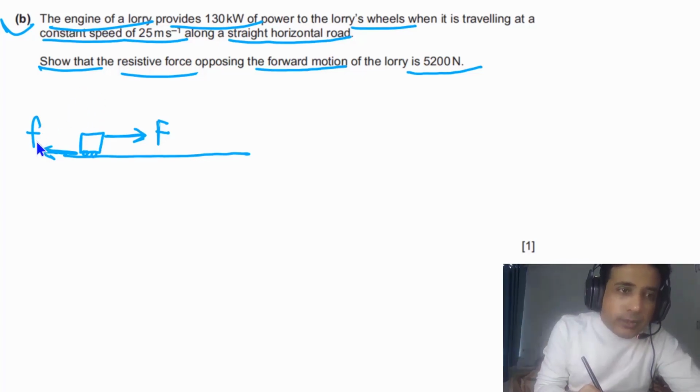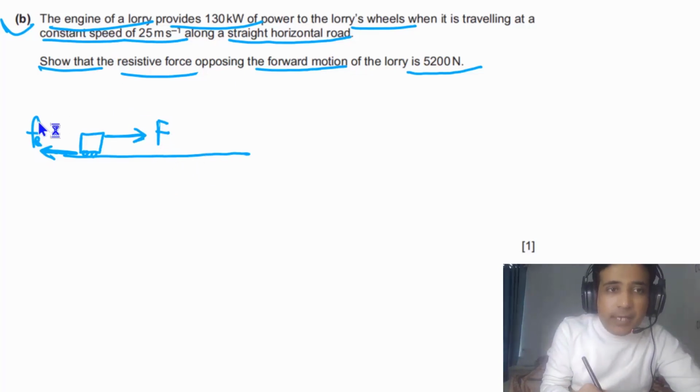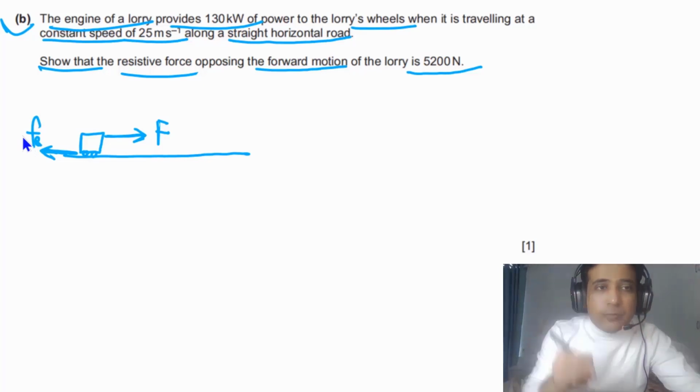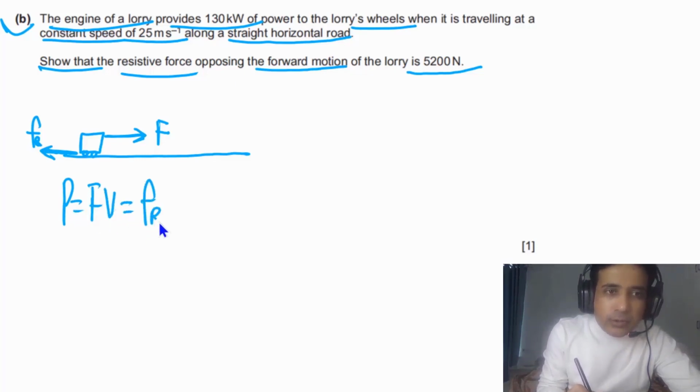So we are simply saying these are resistive forces. As this lorry is moving at a constant speed, it means this F has to be equal to this F. So the thrust force in this case is equal to resistive force. So simply we can say power will be equal to F times v, or we can say this is equal to resistive forces times v.